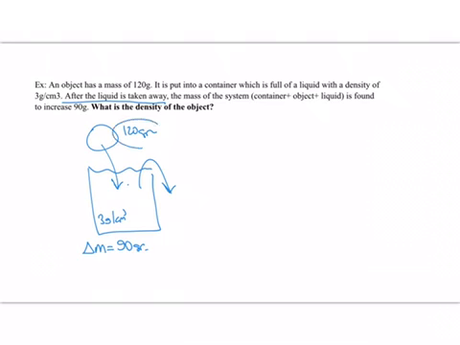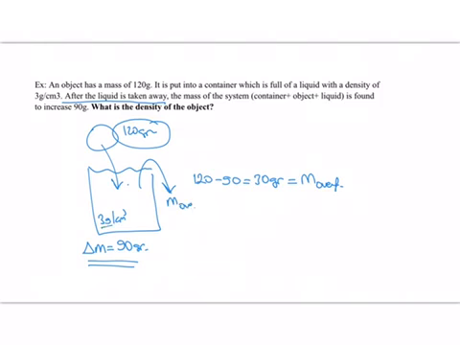So the mass in is 120 gram, but the increase in mass is 90 gram. So the difference between them, 30 gram, will give me the mass of the overflown liquid.